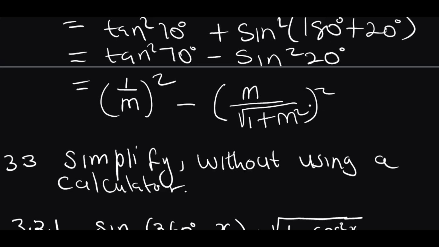Then the final answer here is going to be 1 over m squared minus m squared all over 1 plus m squared. This is our final answer in this question.